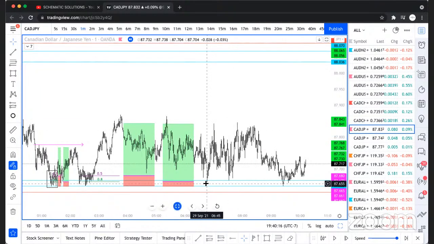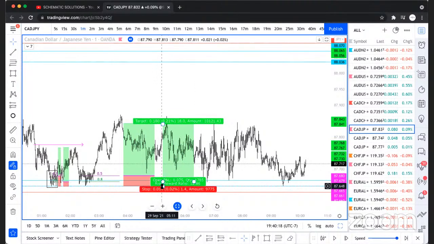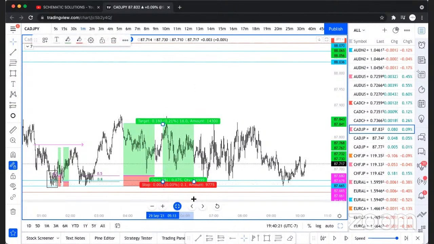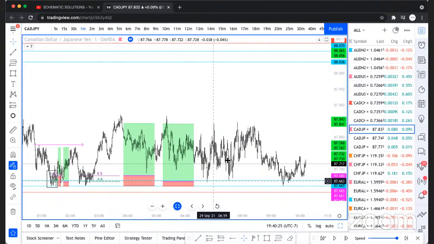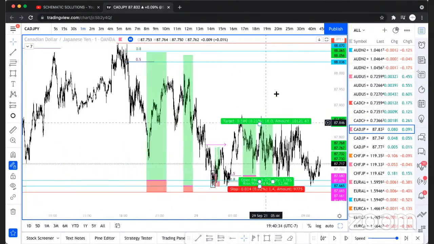And I did reduce my risk to right underneath there. So Command C. Right underneath here, and price ended up eventually coming back and taking us out right there. So watch, rinse, repeat.